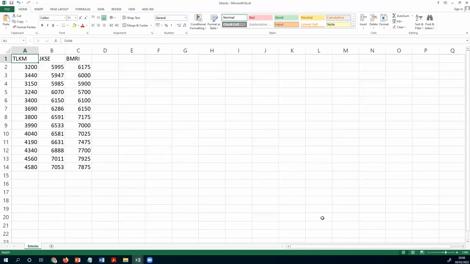So in the capital asset pricing model, we want to calculate the return. What is the return? For Telkom, it is the new price minus the previous month price divided by the previous month price.